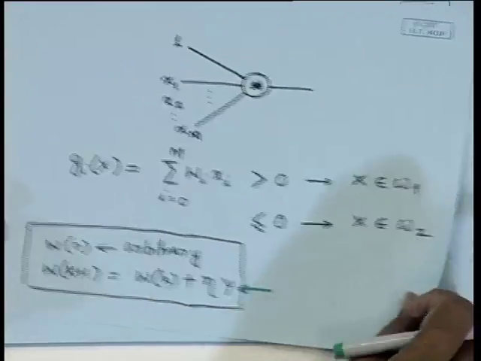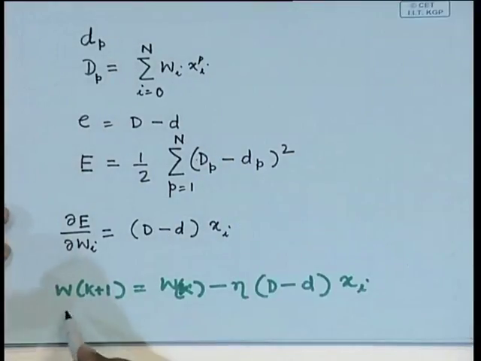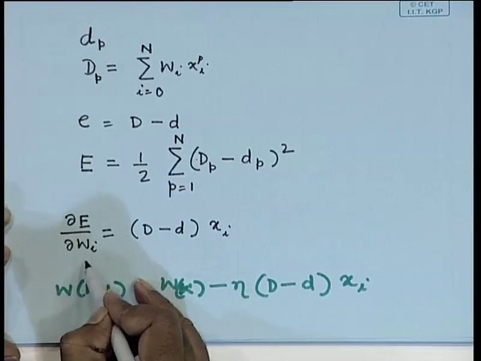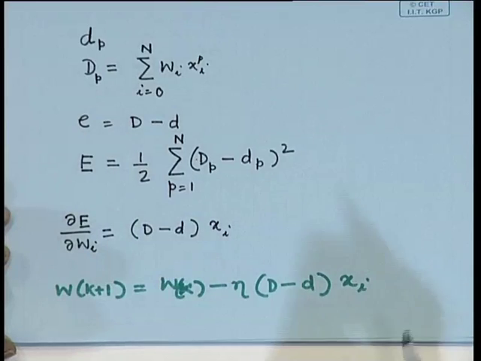And in this case, if we differentiate this with respect to w i, then I think we will get capital D minus small d summed over all p. When you do that differentiation, because we are differentiating with respect to w i, the ith component of w, the jth component, that is w j x j, which is independent of w i, will become 0.